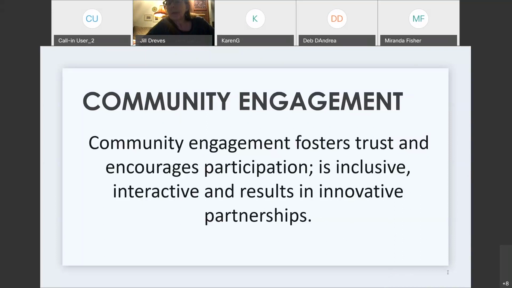Well, I typed it up in an email, and I was just sitting here staring at it. So we've got community engagement fosters trust, encourages participation, and is respectful, inclusive, interactive, resulting in innovative partnerships.